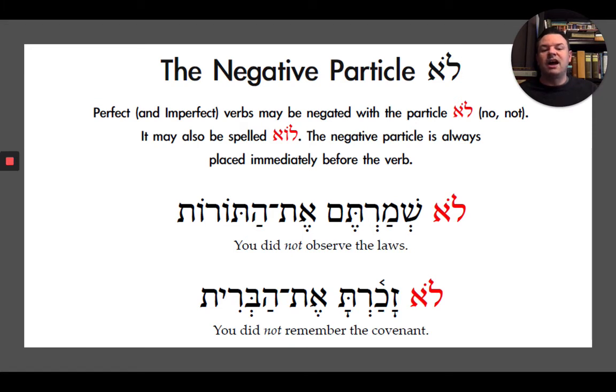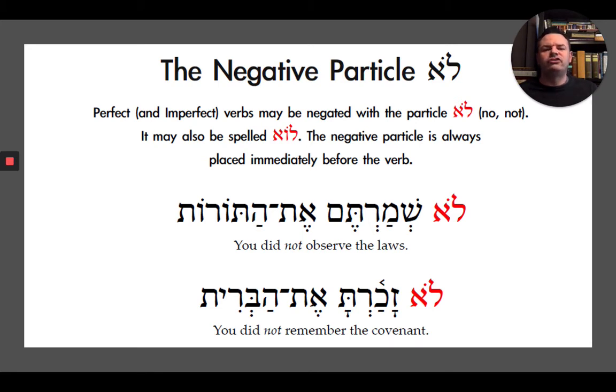So you've got zakarta, the Qal perfect second masculine singular of zakar, you remembered, and then the lo in front of it. So you did not remember, the definite direct object marker et, and then the definite article ha in front of the word barit, which is covenant. You did not remember et ha barit, the covenant.